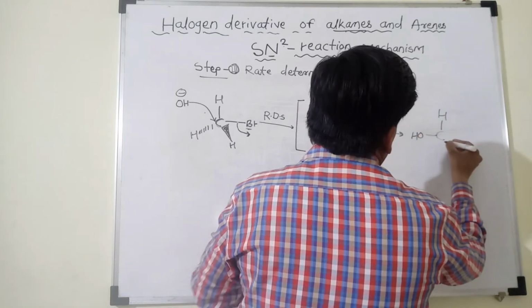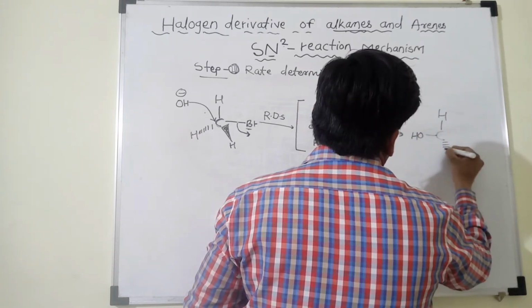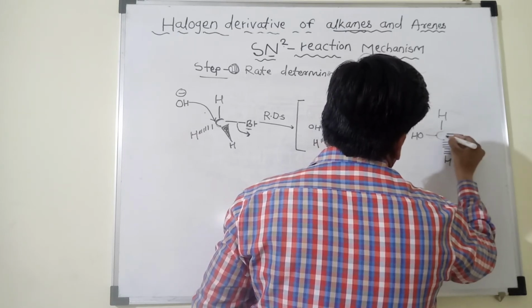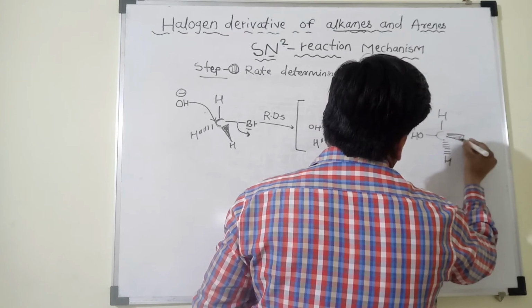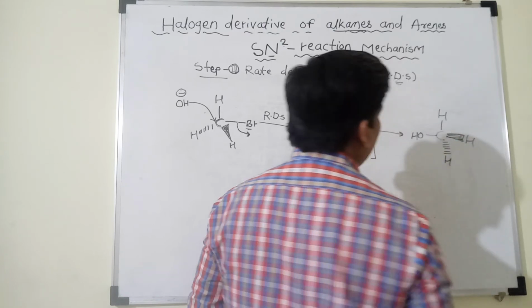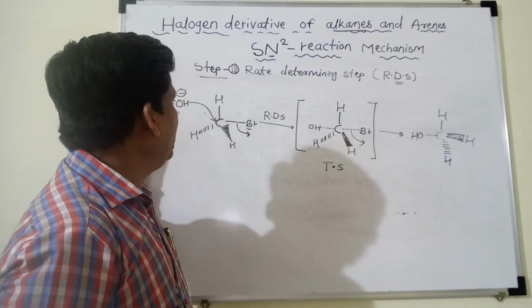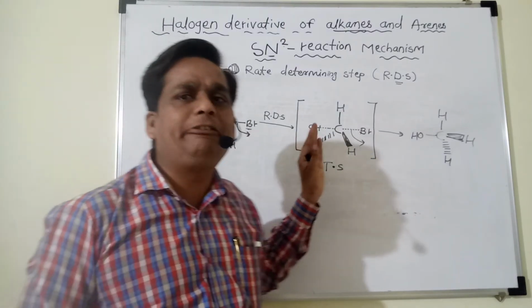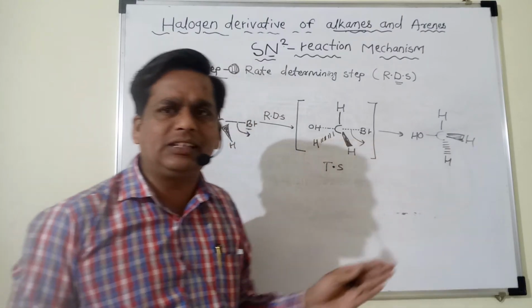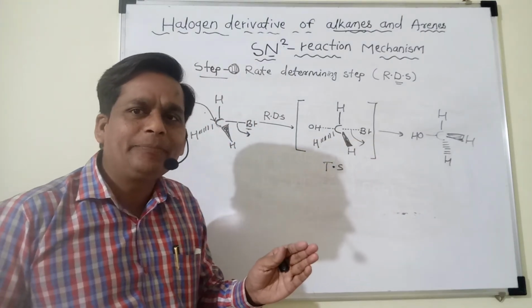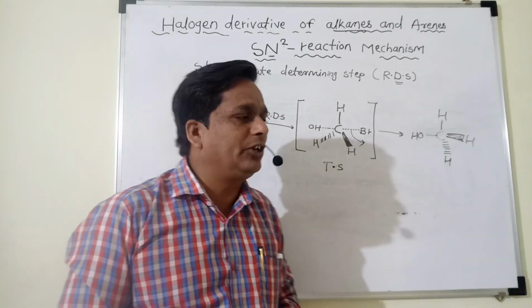Okay, and this H, here we get the methyl alcohol. Okay, that means if backside attack takes place, then there will be a change in configuration, that is the inversion in configuration. If front side attack takes place, there will be retention in configuration.